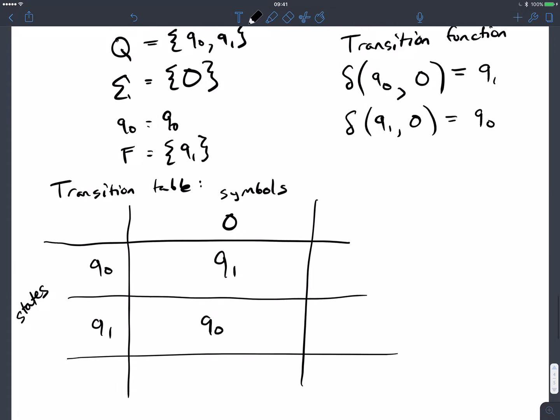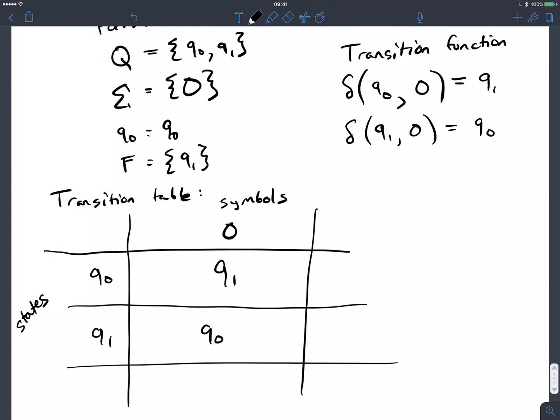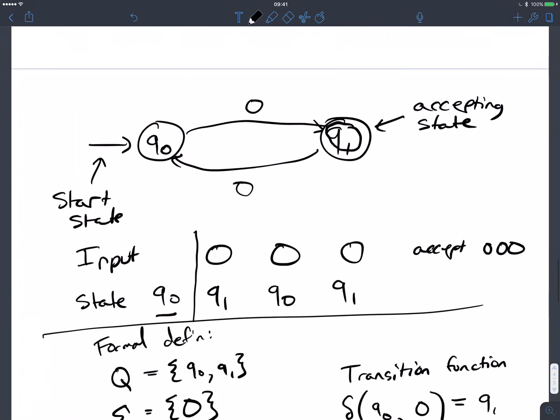Okay. So what else did we do with this machine? What else did we look at? Yeah, what kinds of strings it accepted, but we'll get there eventually. But what types of things did we look at first? So let's look at what we did.